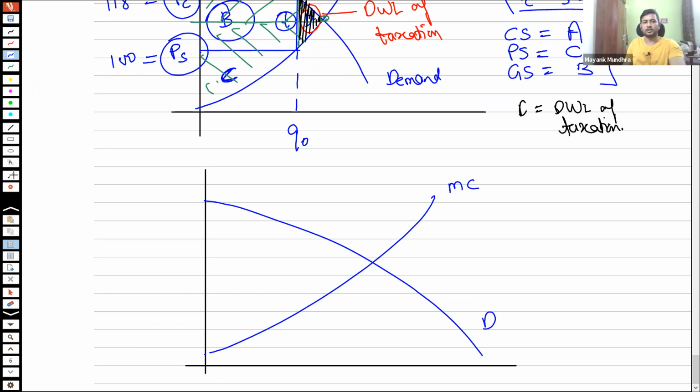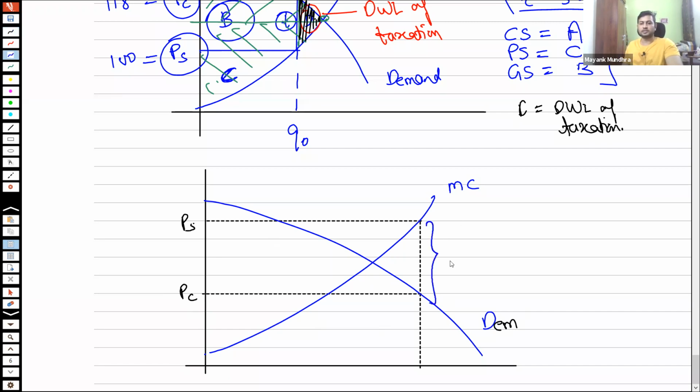So the total quantity being sold is, let's say, this much. This is the price which consumers have to pay. This is the price which producers get. So this is the price of suppliers. This is the price of consumers. This is demand. All right. This is the subsidy S per unit.